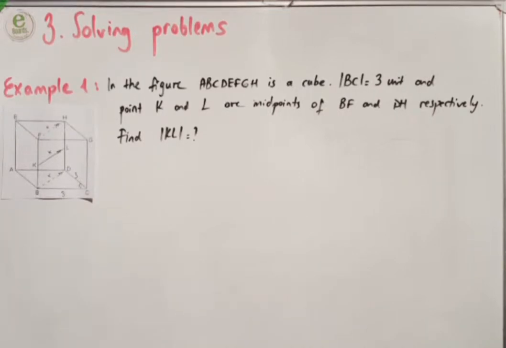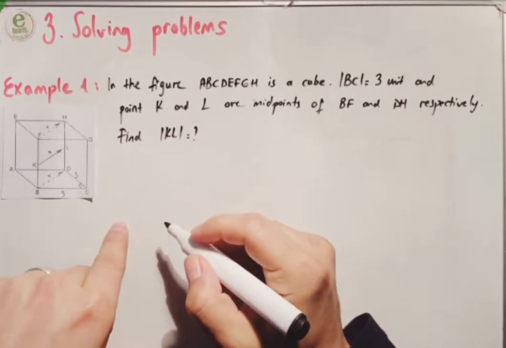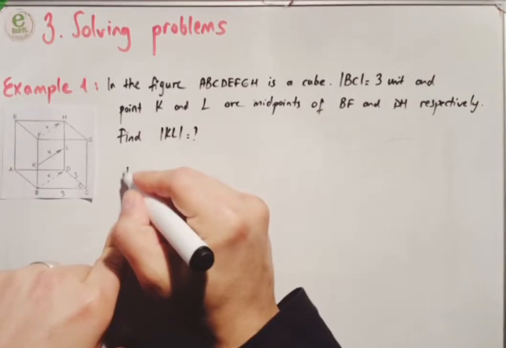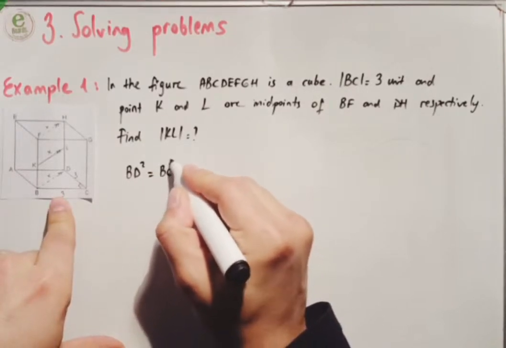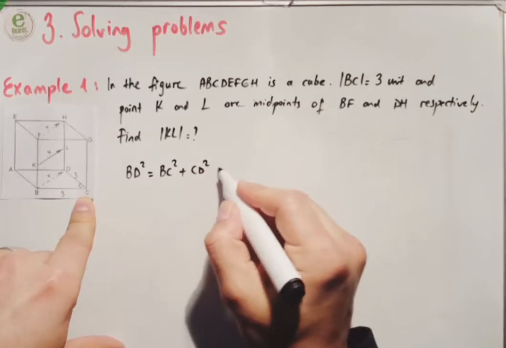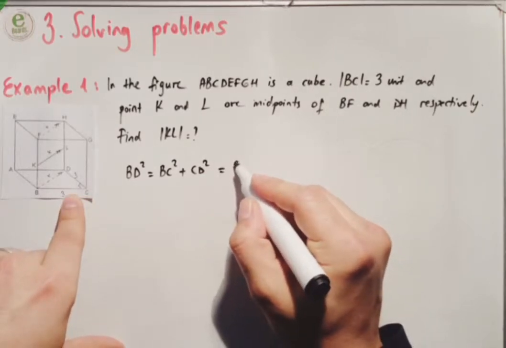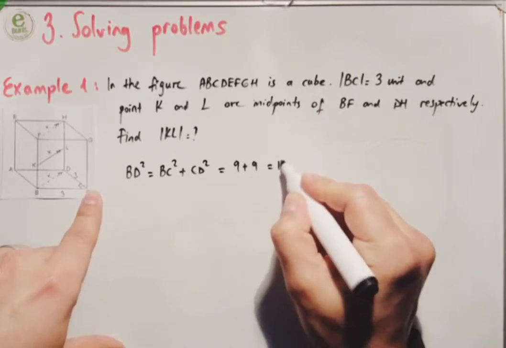And how can you find the length of BD? All you need to do is apply the Pythagorean Theorem. So BD square is equal to BC square plus CD square. BC is 3, squared is 9, and 9 as well, so the sum is 18.